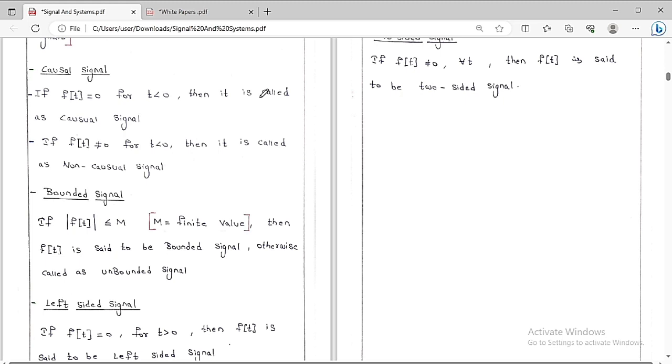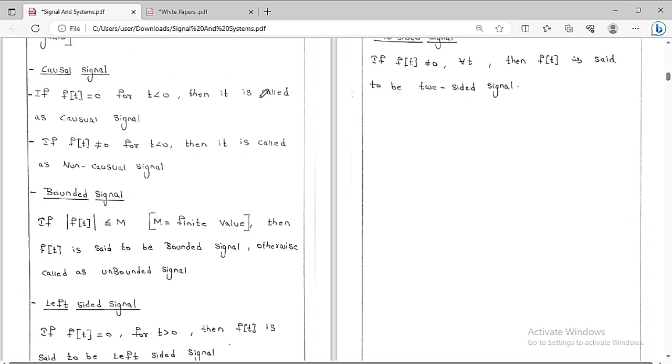So if f of t is equal to 0 for t less than 0, then we can say it is a causal signal. Non-causal signal means f of t is not equal to 0 for t less than 0. In simple words, for a causal signal, for t less than 0, its value should always be equal to 0 for all the time.